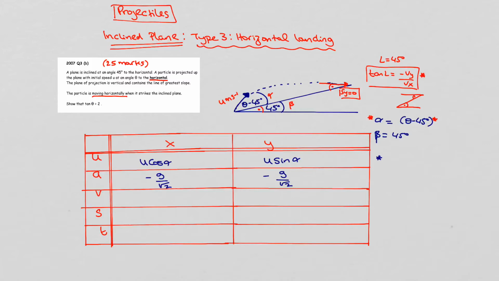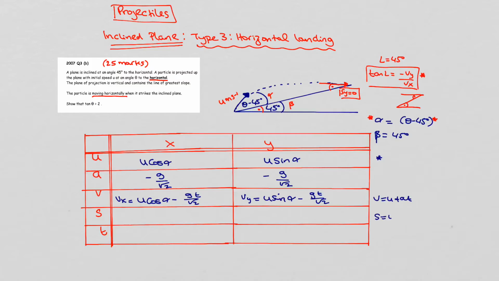Okay, so then we have v is equal to u plus at. Therefore v in the x direction is u cos alpha minus g t over root 2, and v in the y direction is u sine alpha minus g t over root 2.